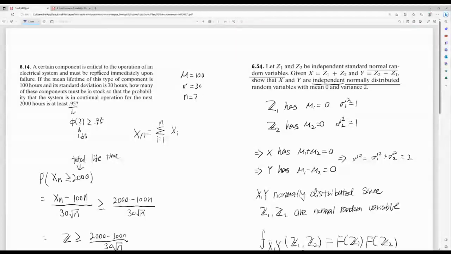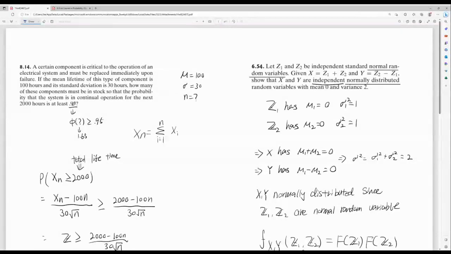If the mean lifetime of this type of component is 100 hours and its standard deviation is 30 hours, how many of these components must be installed so that the probability that the system is in continual operation for the next 2000 hours is at least 0.95?